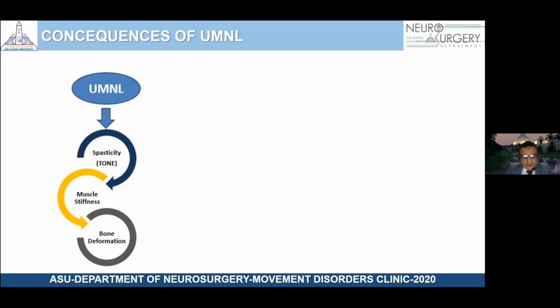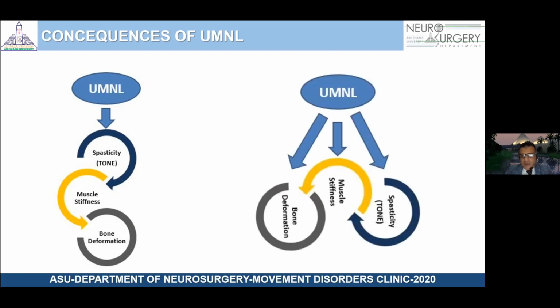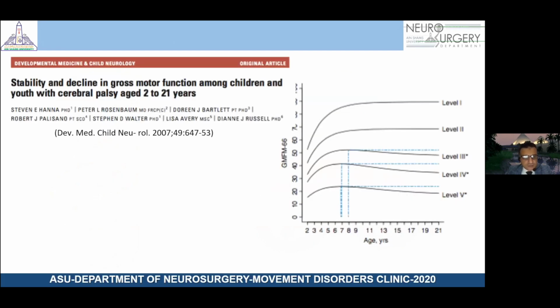Actually, this is not the real situation. The real situation is we have all the processes running at the same time. When we have an upper motor neuron lesion, spasticity starts, muscle stiffness is going on, and deformity starts. So we have to treat from day zero. We don't have to wait until muscle stiffness and bone deformity occur.